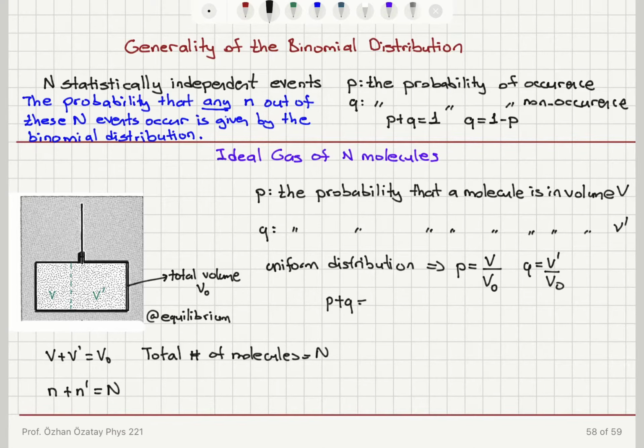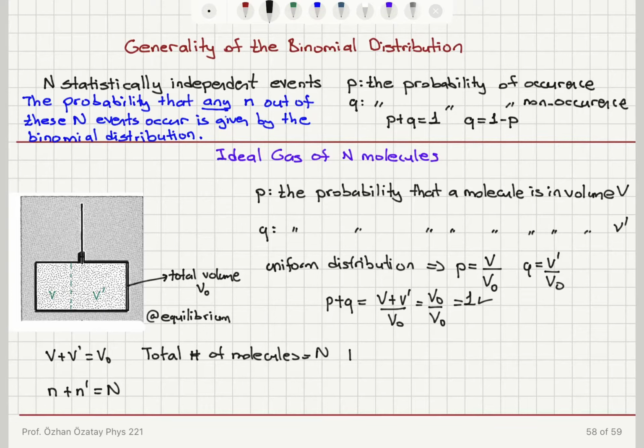P plus Q is V plus V prime over V0. It is V0 over V0. It's indeed 1.